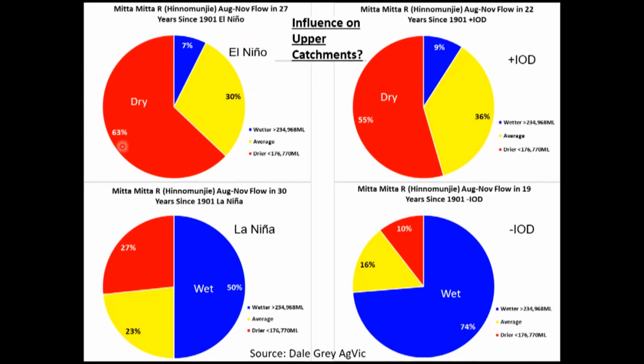Normally you expect a third of years to be in the red dry, a third average, and a third wetter, but you can really see how El Nino doubles the chance of low runoff years, and the same when the IOD is in its dry phase. And the chance of higher runoff years increases when we've got either a La Nina happening or the Indian Ocean dipole in its wetter phase dragging in extra moisture. So there's probably an amplified influence of those climate drivers on your catchment. That's why they're worth paying attention to.